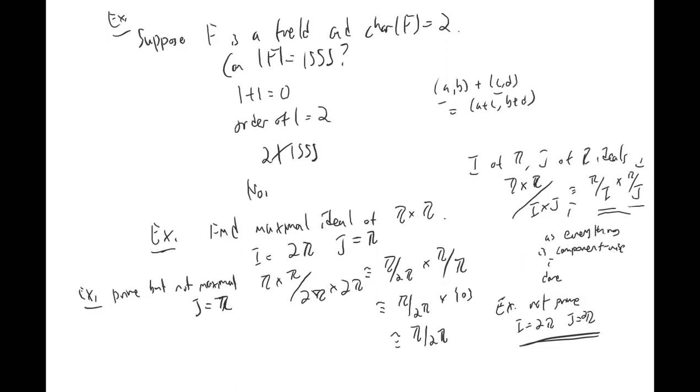Zero is not maximal. So if I take I to be zero, then Z quotient zero cross Z mod Z is Z cross zero, which is Z. It's not maximal, because if it was maximal, Z would be a field.